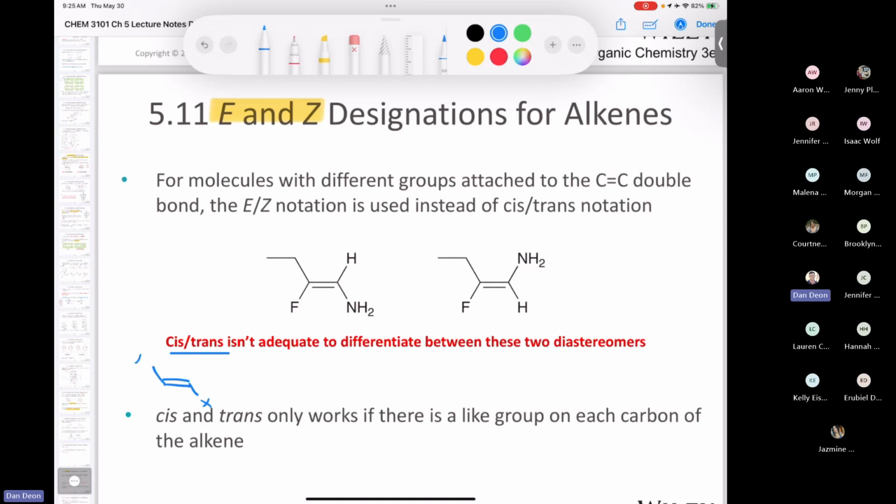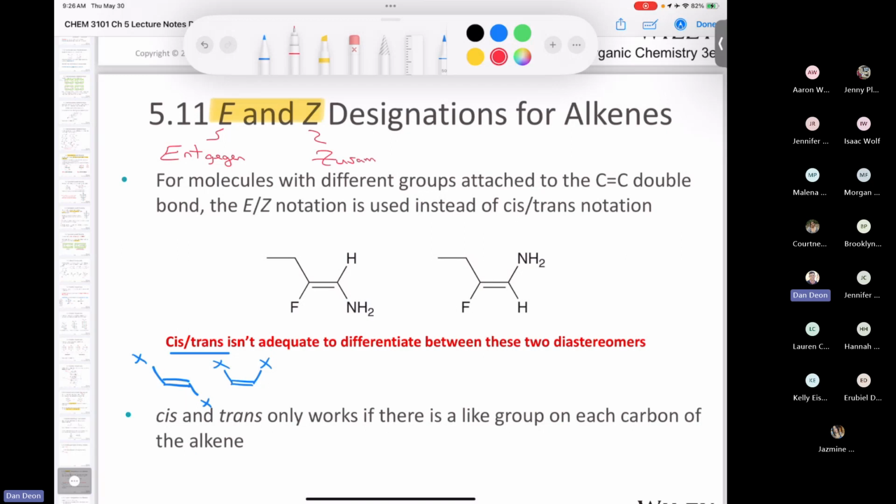Technically, we would say that they're E. So to use cis and trans, you're dealing with groups that are identical. And in this compound, you have an ethyl, a fluorine, a hydrogen, and an amino group. So none of them are the same, so you can't use cis and trans. In this case, you have to use what's called E and Z. So E, you'll have to forgive me, my German isn't so good, but E stands for entgegen, which is opposite, and Z stands for zusammen.